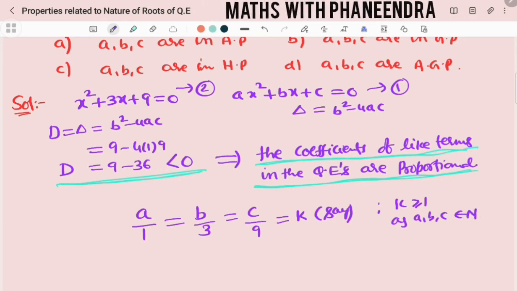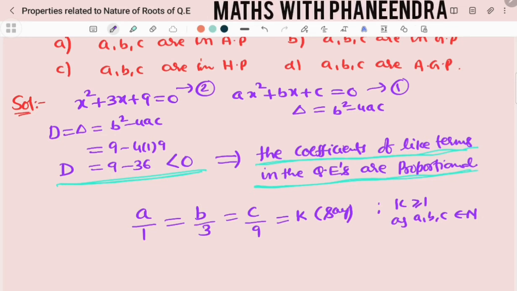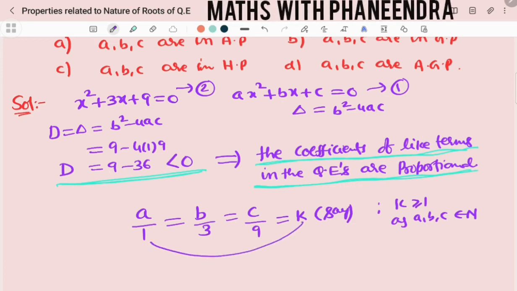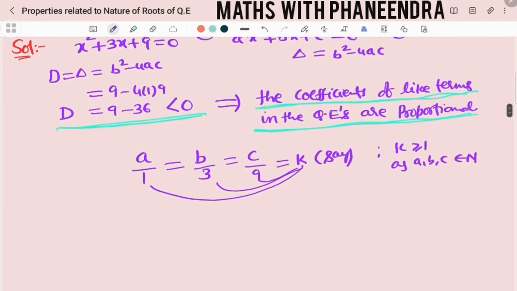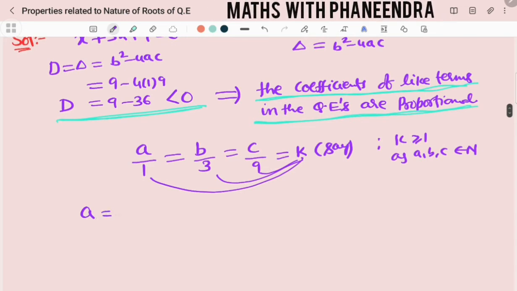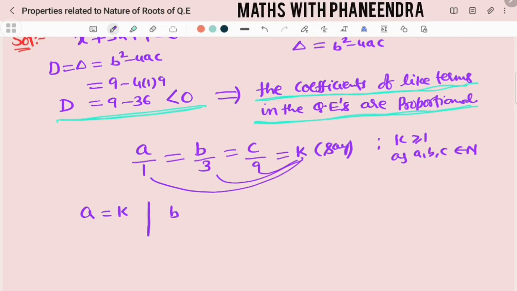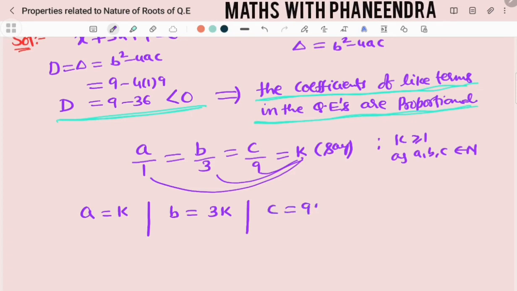That is the reason I have taken greater than or equal to 1. Otherwise, greater than or equal to 0 also we can write, but I mentioned that a, b, c belong to N. So by equating these, a is equal to 1k, that means k. B is equal to 3 into k, 3k. C is equal to 9k.